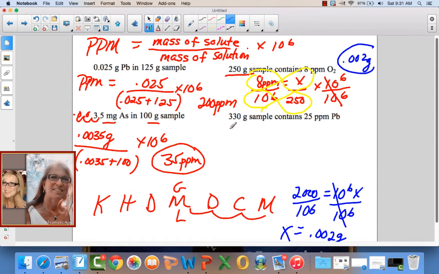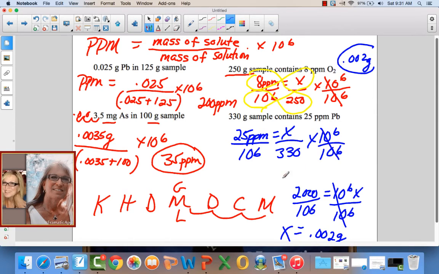All right, I have 25 parts per million. I'm finding x. My whole sample is 330 times 10 to the 6th. First thing I want to do, get rid of this multiplication, divide both sides by 10 to the 6th. These cancel. So 330 times 25 is 8250 equals 10 to the 6th x.